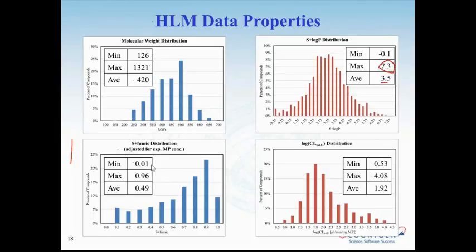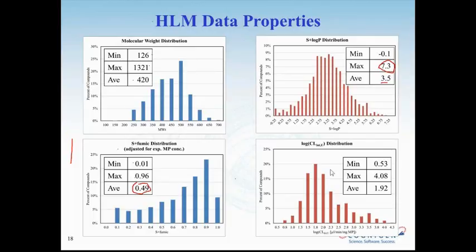So you never get a clearance or Fumic below that, and then the maximum is 0.96 with an average of 0.49. So if the average is 0.49, that means the unbound intrinsic clearance would be twice as high as the experimental value.